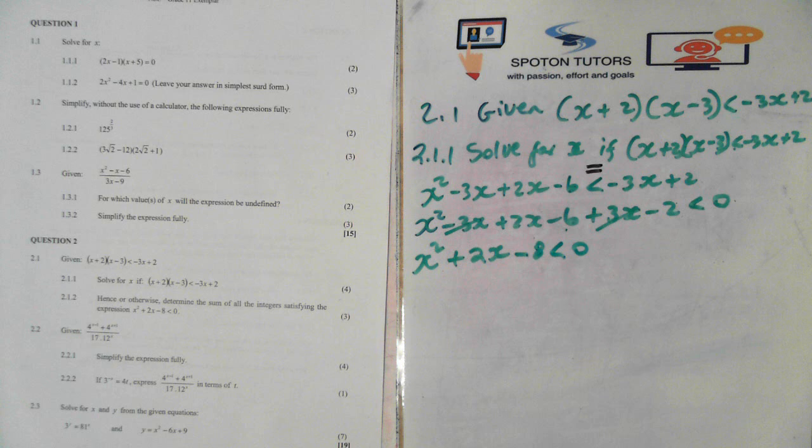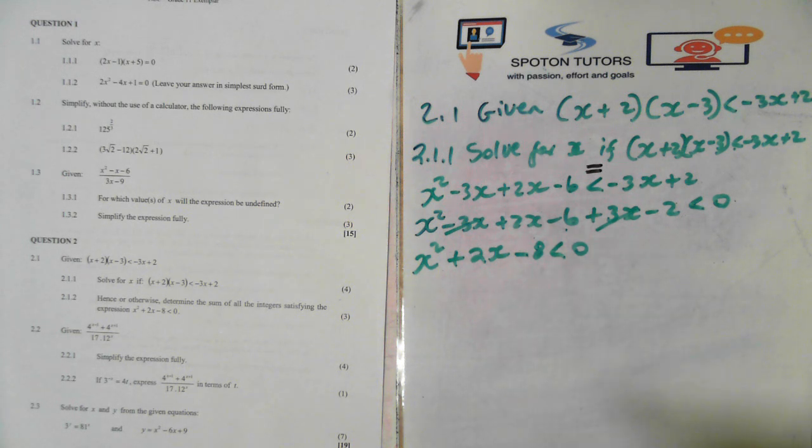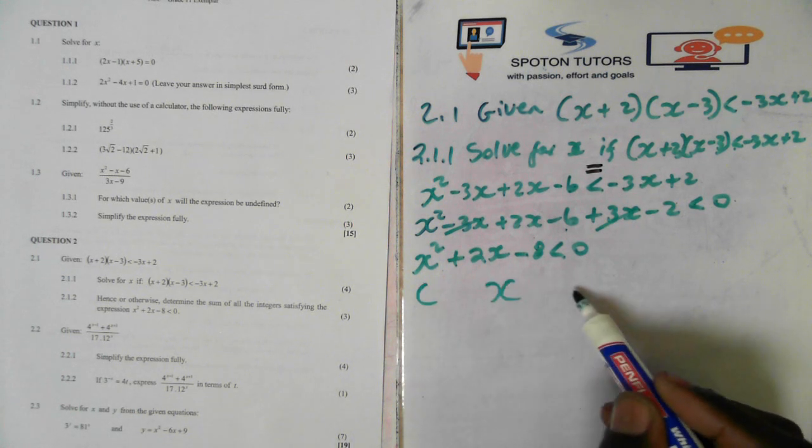Then, ladies and gentlemen, at this point you have to see this as a trinomial, or if one would want, quadratic, it doesn't matter. But the fact still remains that you have to have two brackets.